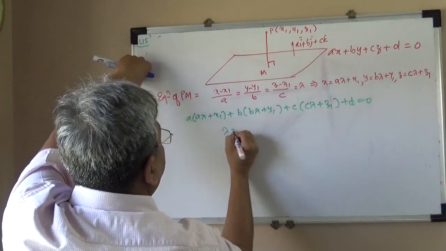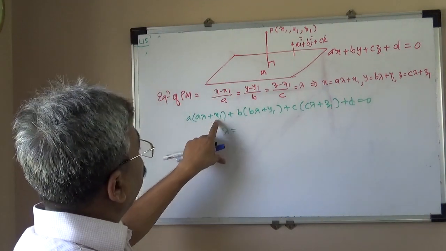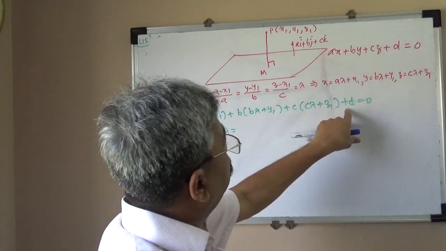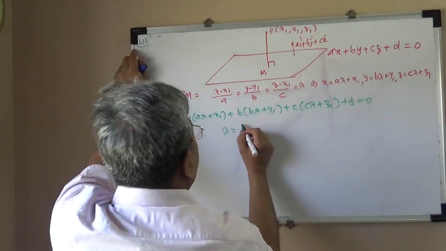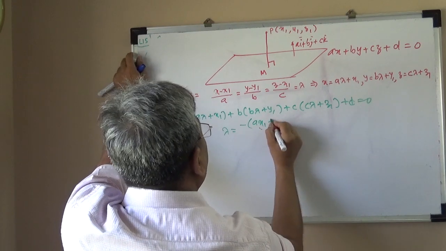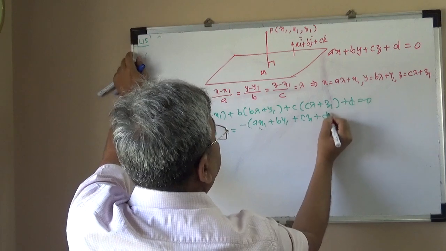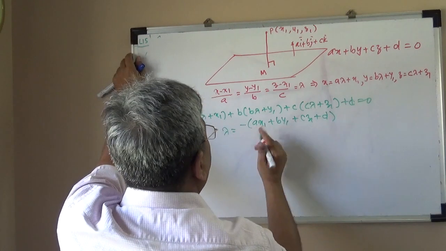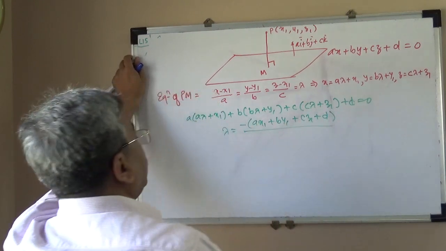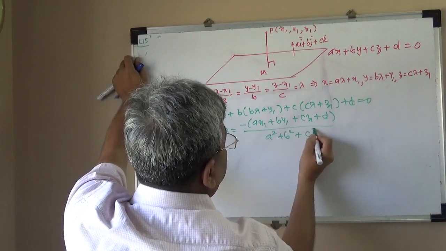Now can we directly write down the value of lambda here? Lambda is going to be ax1 plus by1 plus cz1 plus d with opposite sign. So minus of (ax1 plus by1 plus cz1 plus d) is the numerator, which goes to the RHS, and in the denominator we have a square plus b square plus c square.